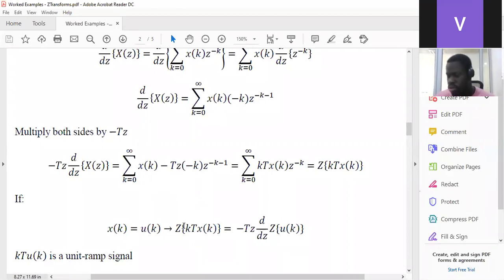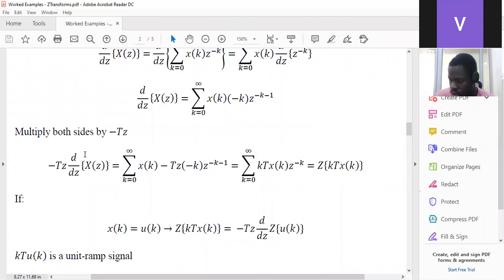Let me say it again. After you do all of this, when you multiply minus tz by the differentiation of the unit step, you are going to get the unit ramp. That's why we are doing it. That's just the answer for the person that asked that question.